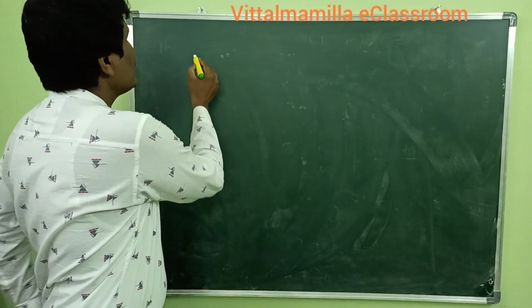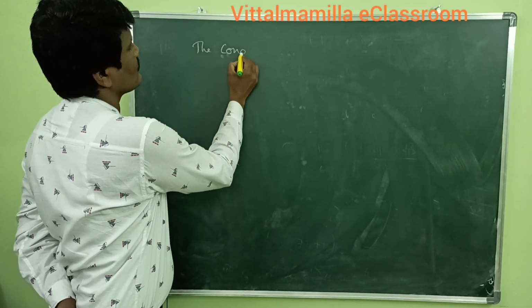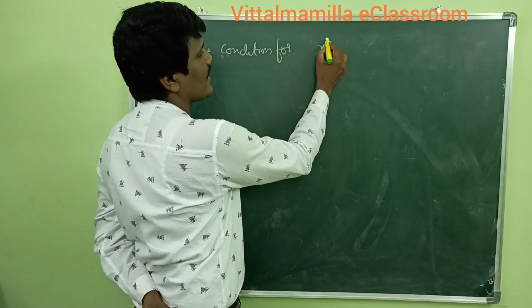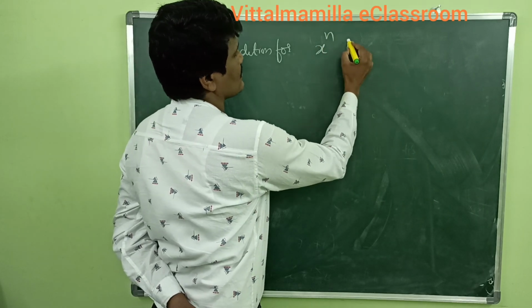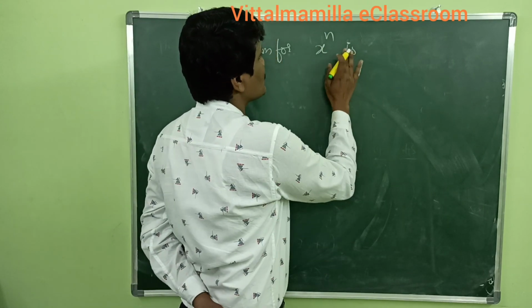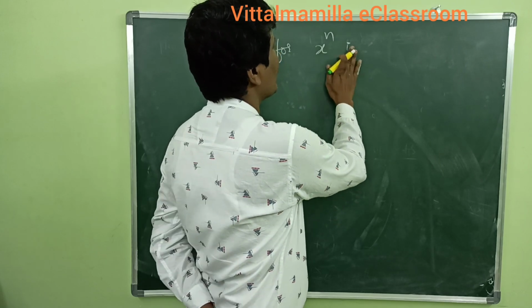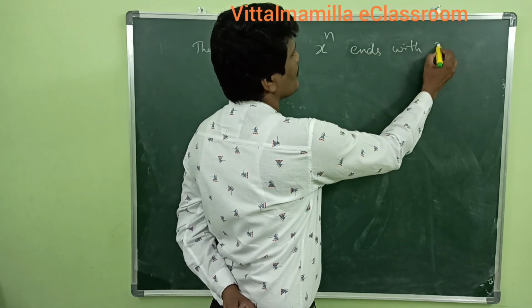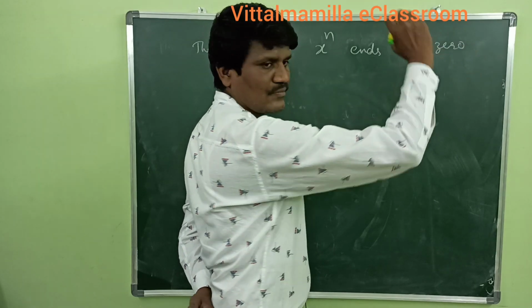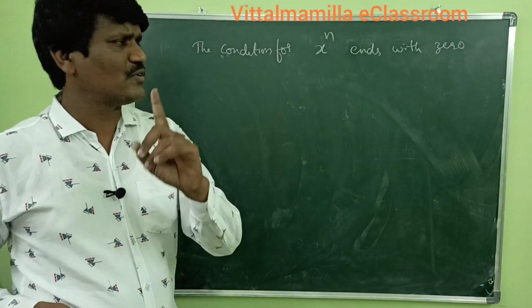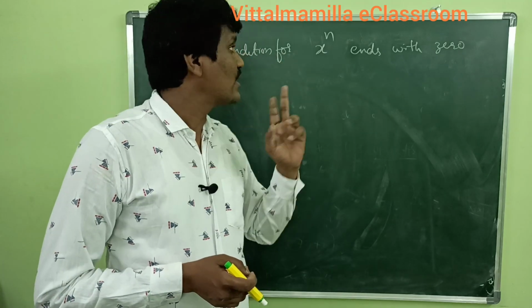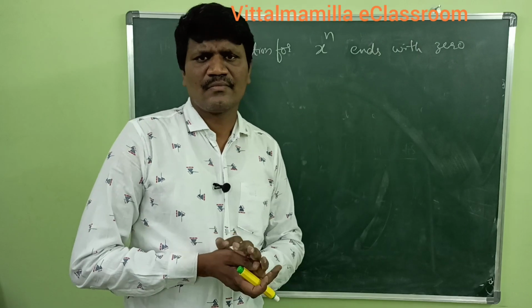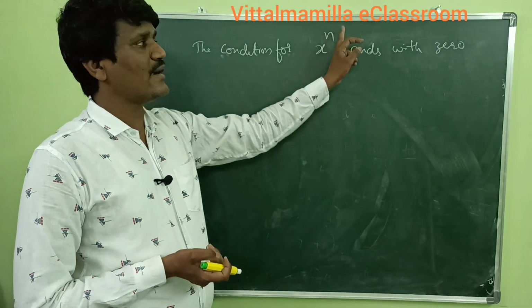Next one is the condition for x power n ends with 0. Sometimes they will ask a 1 mark question or a 2 mark question. What is the condition for x power n ends with 0? Okay, x power n ends with 0.